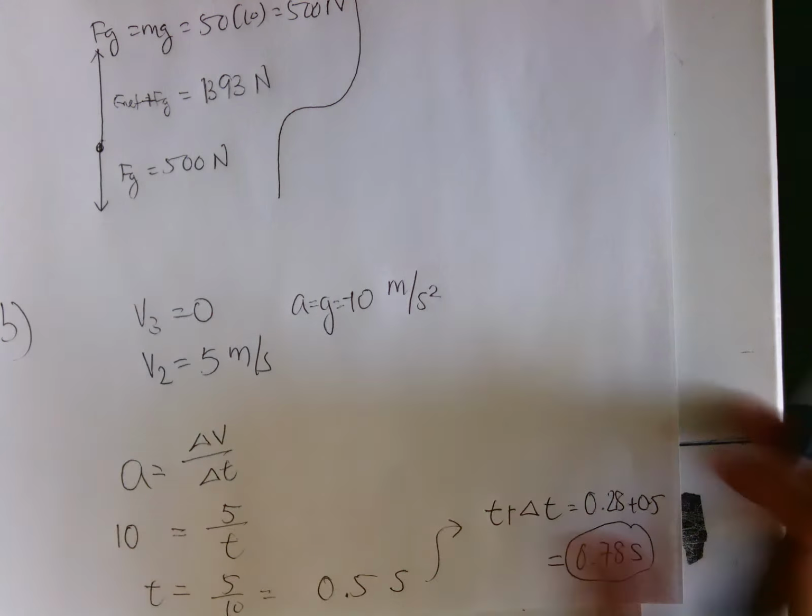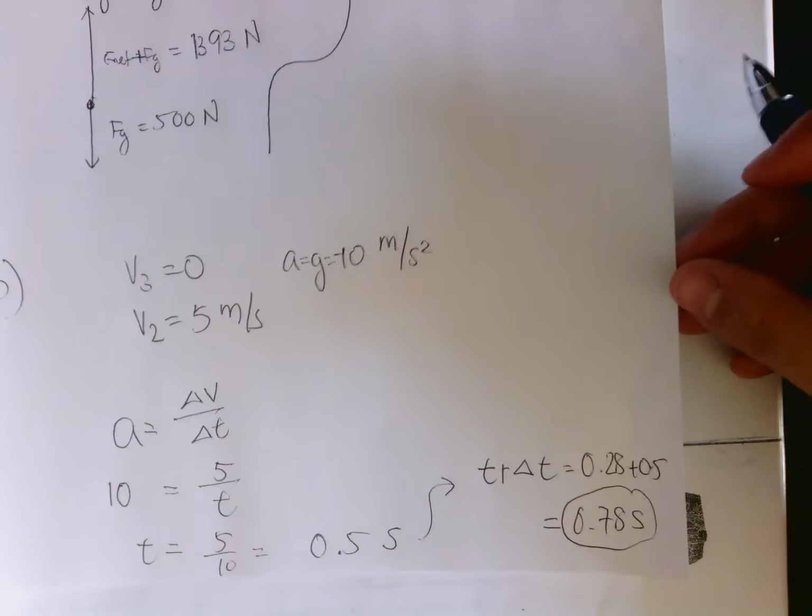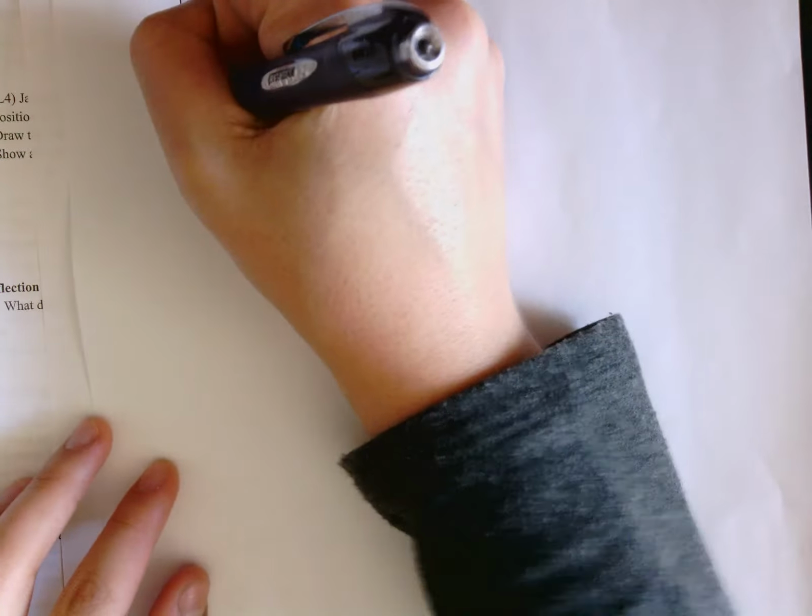Cool, so the last question is asking for the net force versus time graph. And we can do this pretty easily because we already looked at the two periods in part A of the question.